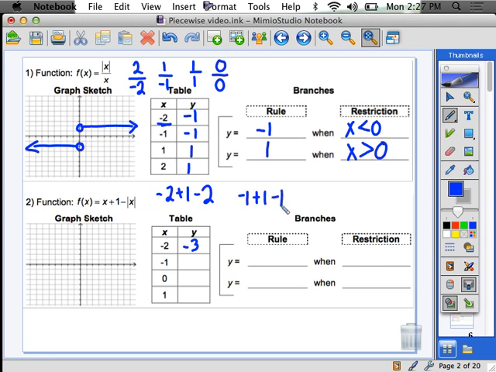So I've got -1. And then when x is 0, I've got 0 plus 1 minus 0, so it's just +1. And if x is 1, I've got 1 plus 1 minus 1, and x is 1 again.